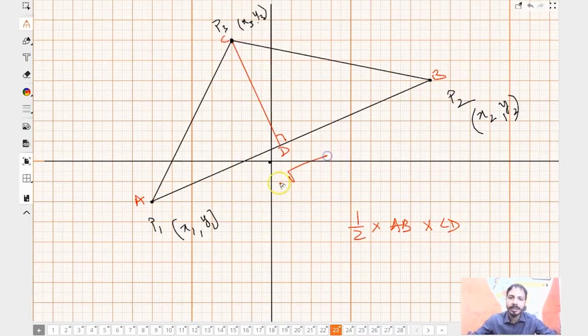That means this distance here, that is AB, will be square root of x1 minus x2 whole square plus y1 minus y2 whole square. So from this you can easily find out this distance. How will you find this? And if you can find this, you can find the area. So for that, there is one technique.